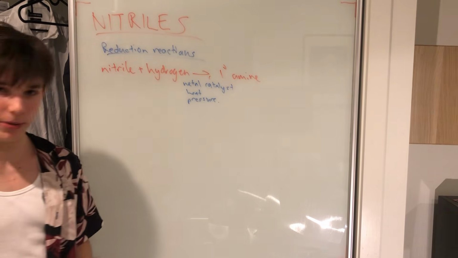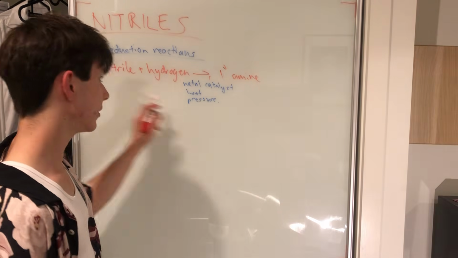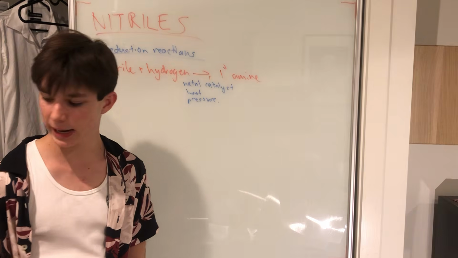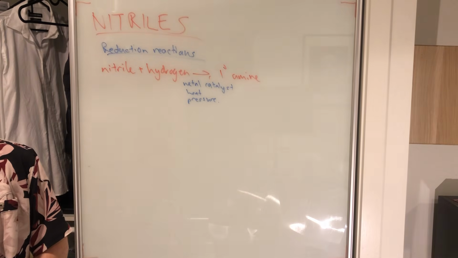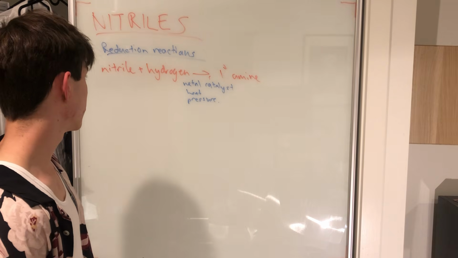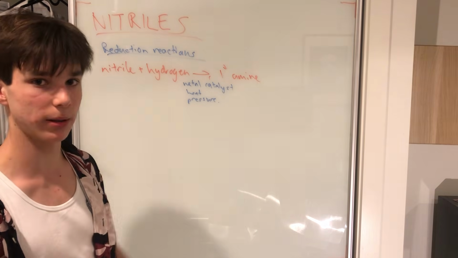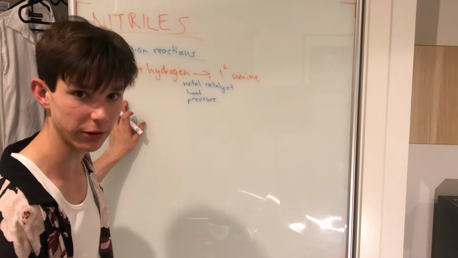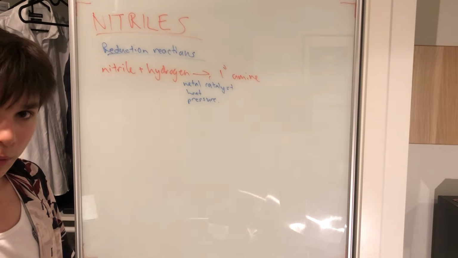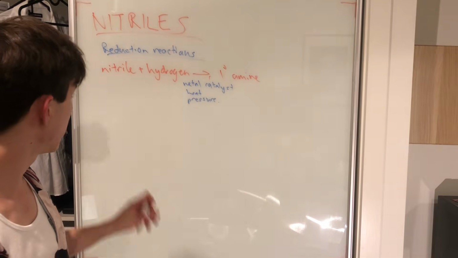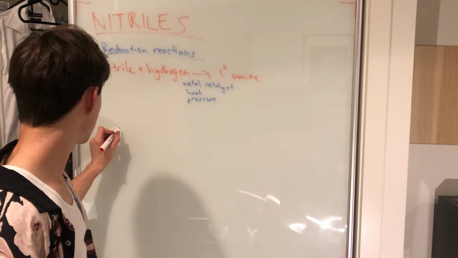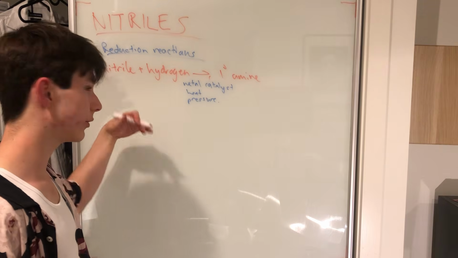There is another way we can do this. Same thing, nitrile to amine. A little bit complicated, so probably worth taking notes on this. This is a full chemical equation. This is not a half reaction, but it is a reduction reaction. We can use a reducing agent called lithium aluminium hydride to achieve the same effect.